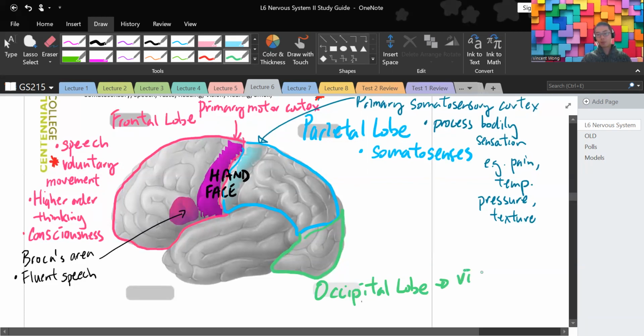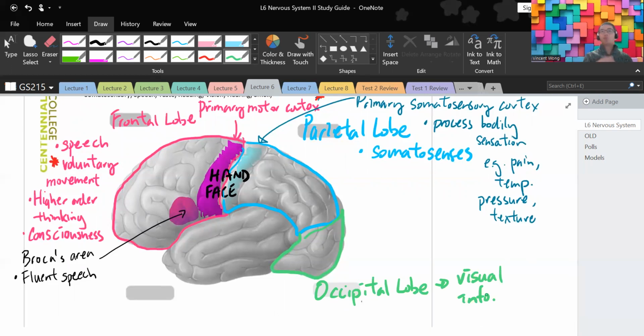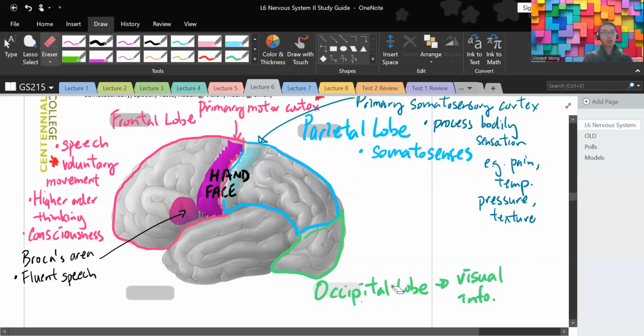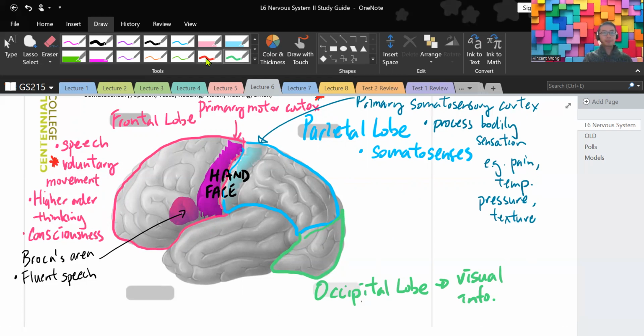Anything to do with visual information. It processes information that you see, right? Recognizing a face, recognizing a symbol, recreating depth perception. All that happens in the occipital lobe.